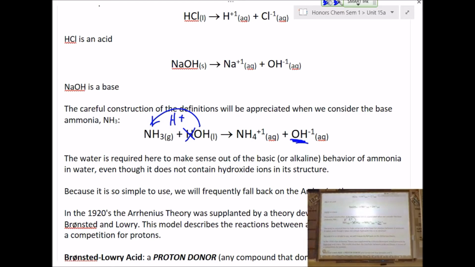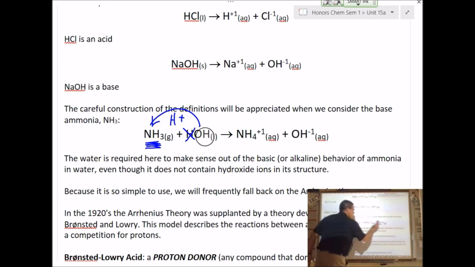Hydroxide. So that is not considered an Arrhenius base because it does not dissociate, and this is actually segueing into our next type of theory, which is Bronsted-Lowry. That would not be an Arrhenius base because there was no dissociation, number one. But there's only two of them.